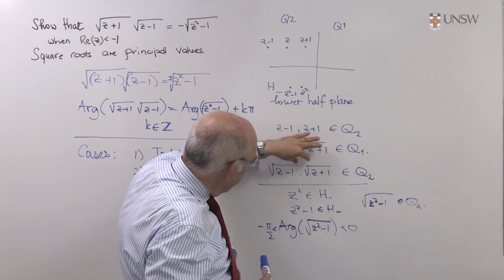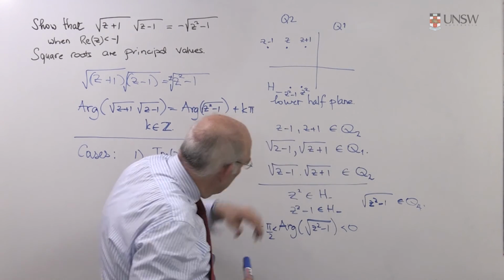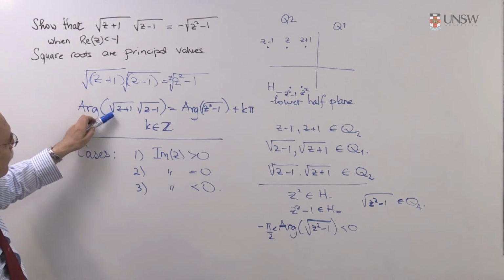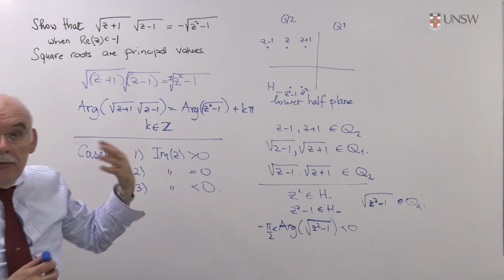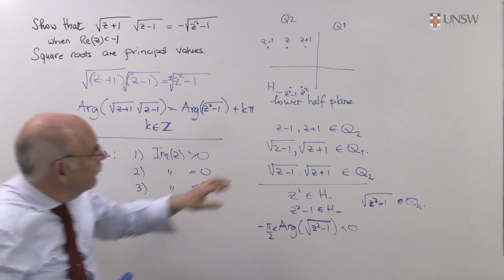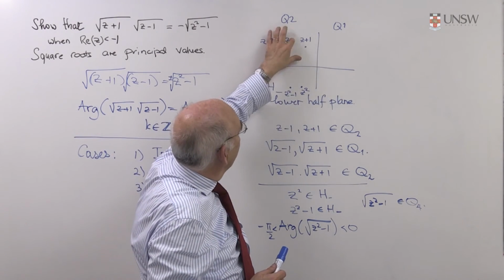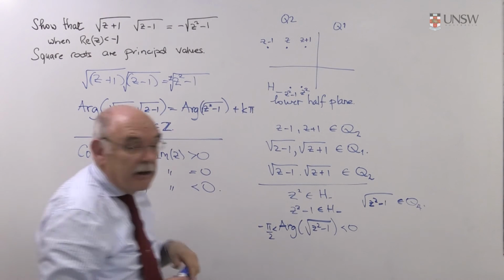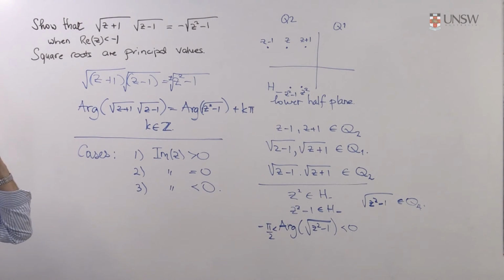Now, we know that these two numbers have got arguments that differ by a multiple of pi. What can that multiple of pi be? Well, if this one is here and that one is there, then the difference has got to be exactly pi. It's an odd multiple of pi.